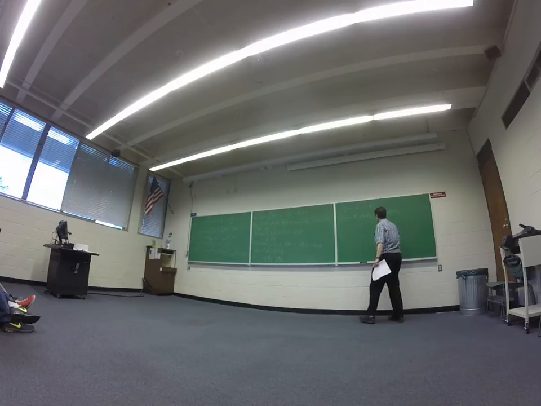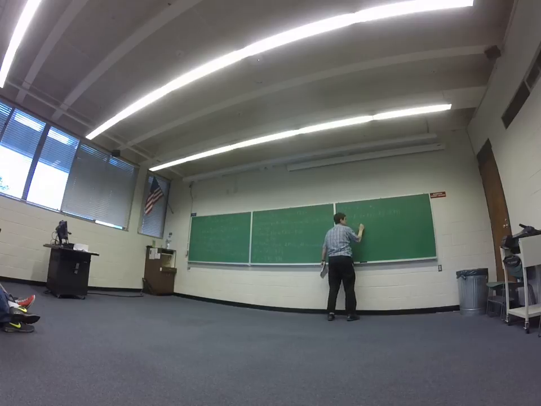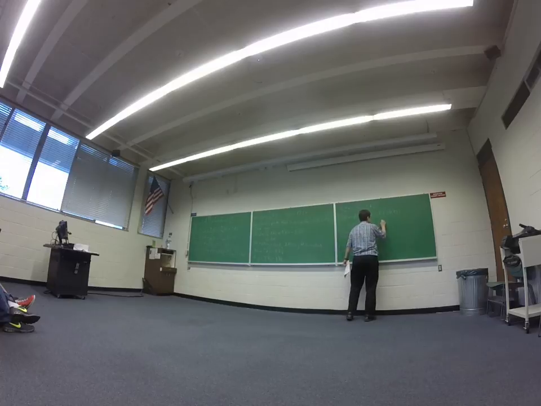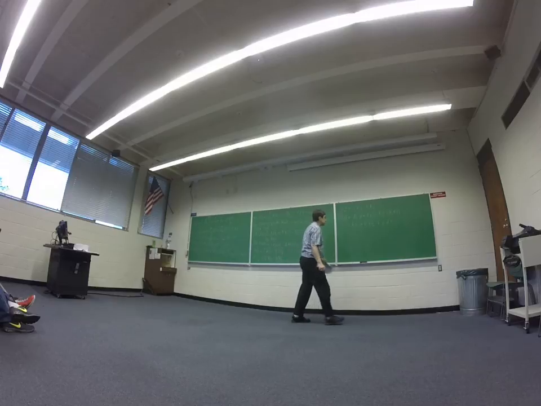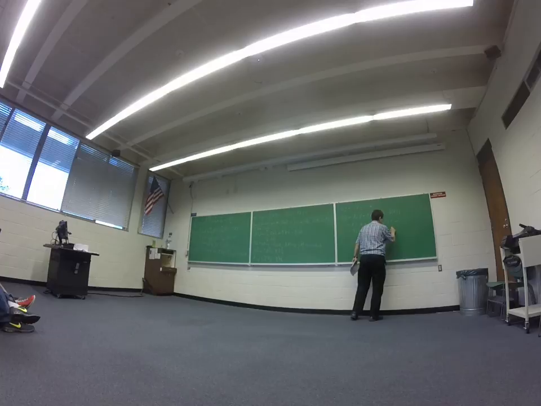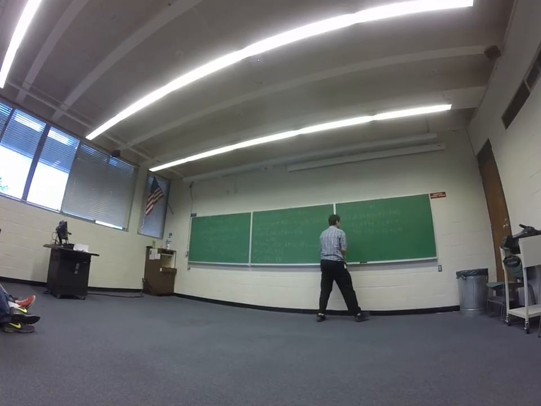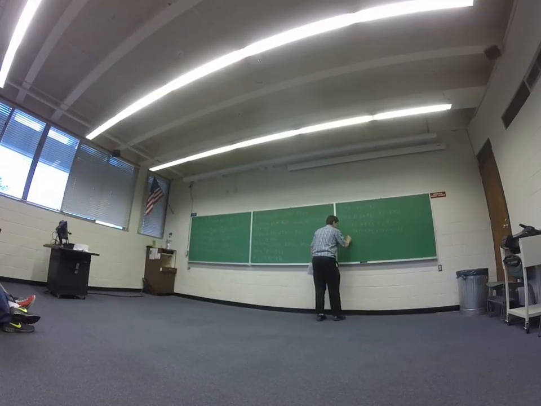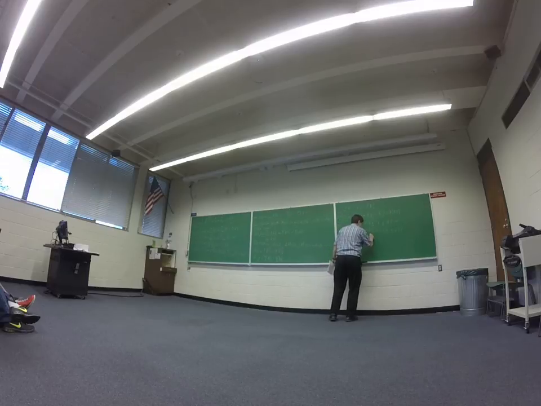Product rule applies here. So that's dU plus P dV plus V dP. But dU is T dS minus P dV. So you get that dH is equal to T dS plus V dP.